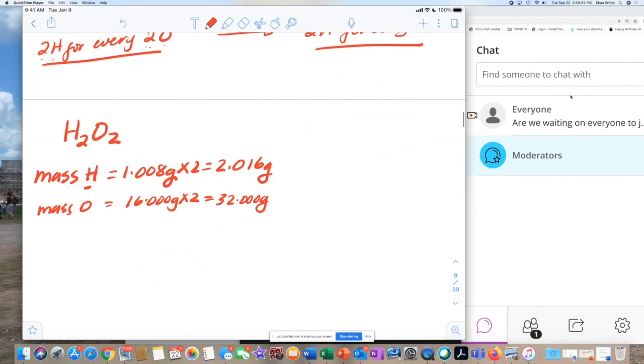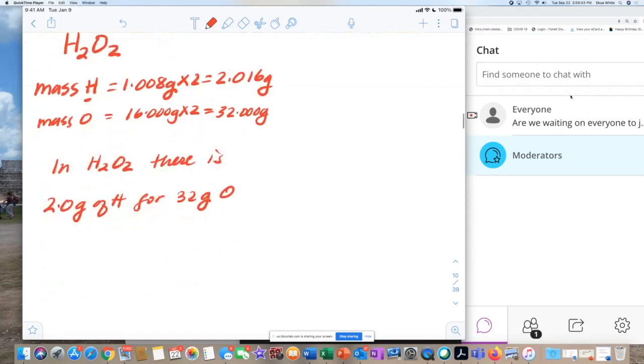So, in the formula H2O2, there is 2.0 grams of H for 32 grams of oxygen. And if you want, you can simplify this even further and say divide by 2, divide by 2, and you can say you have 1 gram of hydrogen for every 16 grams of oxygen.